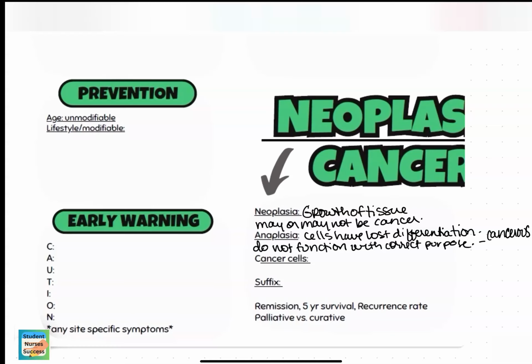Now, when we talk about cancer cells, we're talking about cells that have undergone a change and they've lost regulatory control.